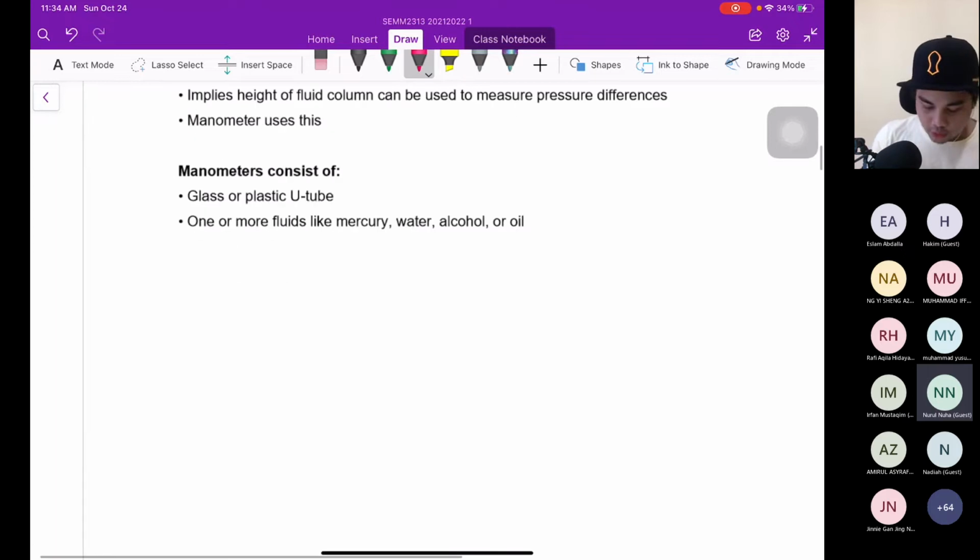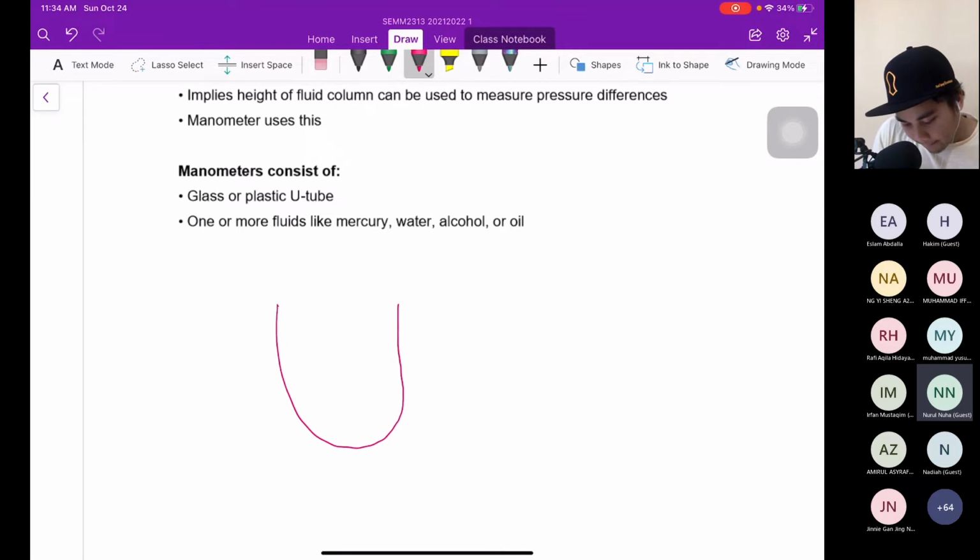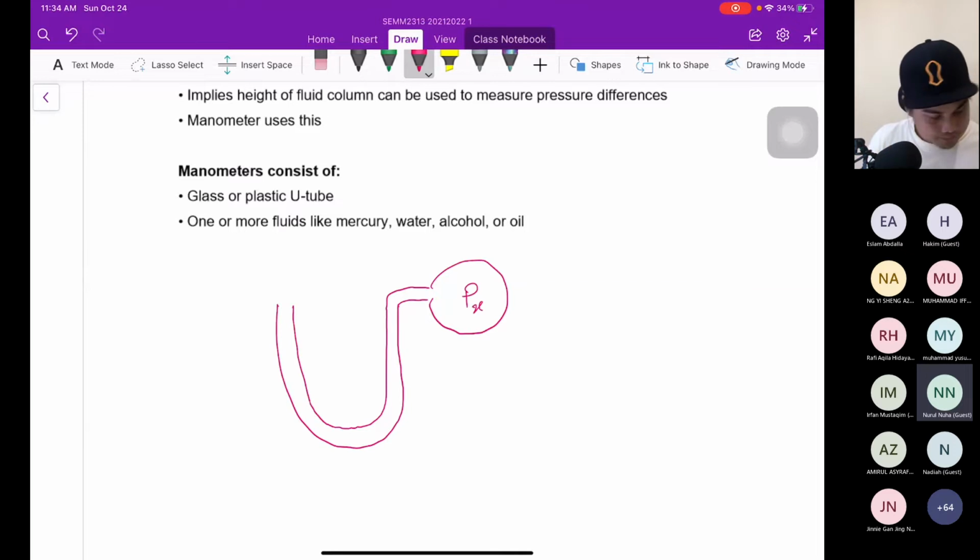So what does it look like? It looks like this. We have the U-tube. Just draw a U. This is the manometer device. Let's say this is the pressure at point X. And then we fill up with mercury.